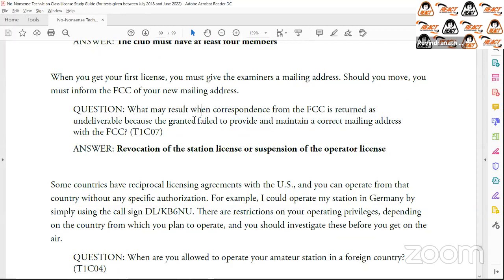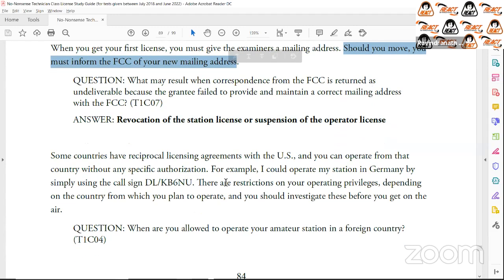Or when you applied for the license, you made a mistake on the form. So they have a wrong address. What's the consequence of that? You can have a revocation of the station license or suspension of the operator's license. So that is why, they make the point here, should you move, you must inform the FCC of your new mailing address.